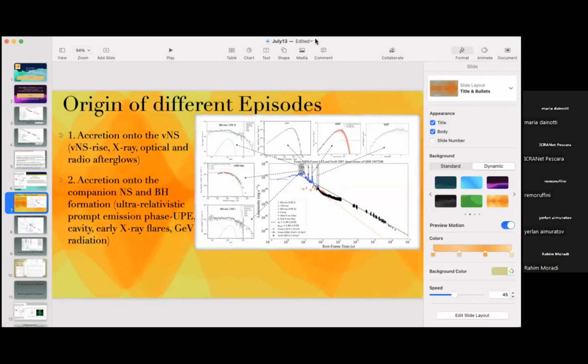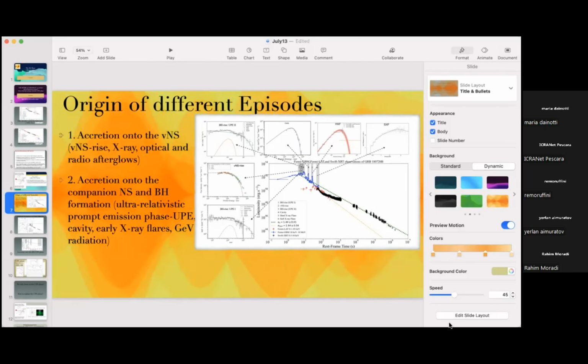This is the reason why we have made an enormous amount of work studying the UPE. We should write a review explaining all this, because now all the results are practically obtained and published.